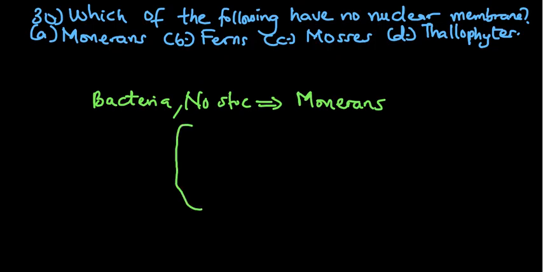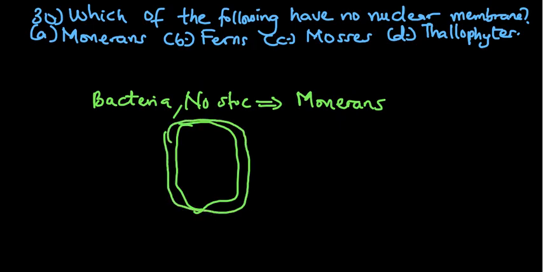Assuming this is a bacteria, we're just going to have some strands of DNA that is not bounded by a nuclear membrane. So they have no nuclear membrane. So the answer here is Monerans. Let's go to the next question.